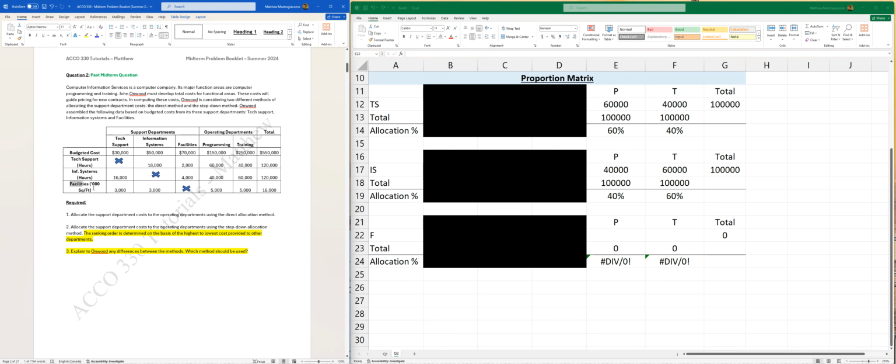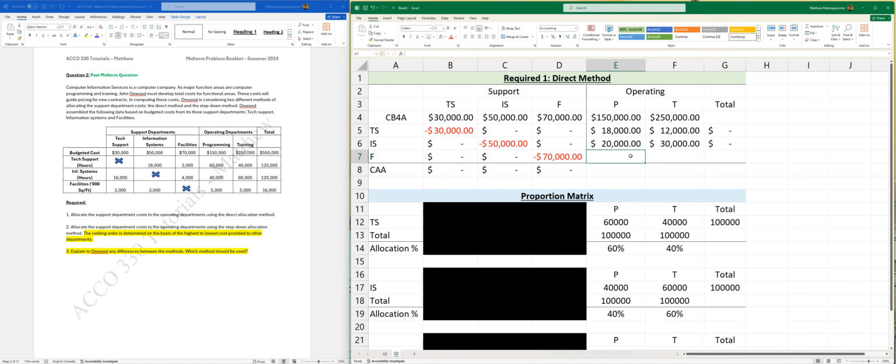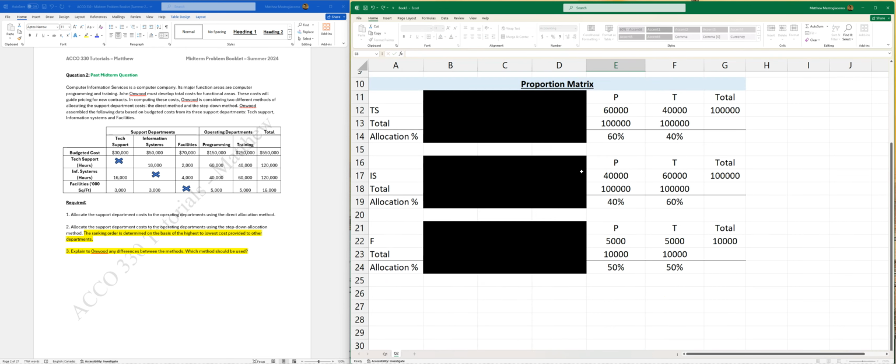So facilities, guys, allocates based on the thousands of square feet. And we have 5,000 square feet of programming, 5,000 square feet for training. So let's put 5,000, 5,000. So guys, that gives us a total allocation of 10,000. So basically, guys, 50% goes to programming, 50% goes to training. So we do equals 70,000 times 50%.